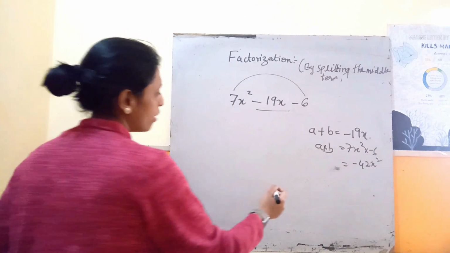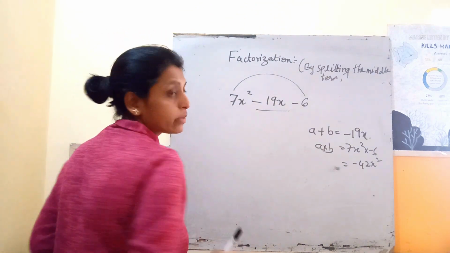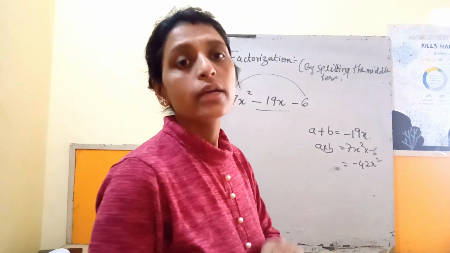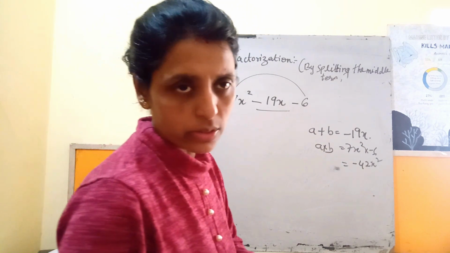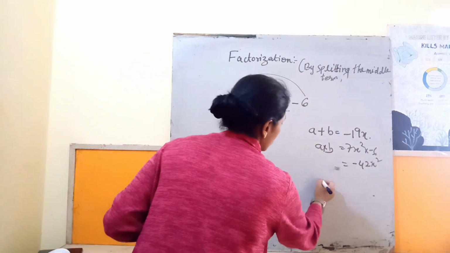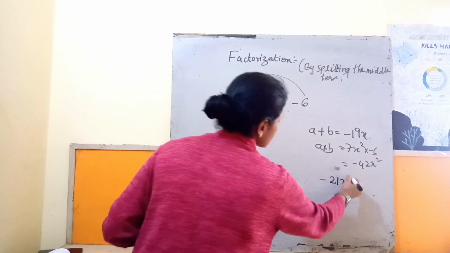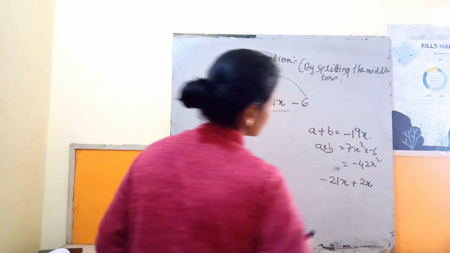Because the middle term is negative, it means the bigger number should be a negative integer and the smaller one should be positive. Why? Because when we add them, the sign will be that of the bigger number. So we have minus 21x and plus 2x, isn't it?